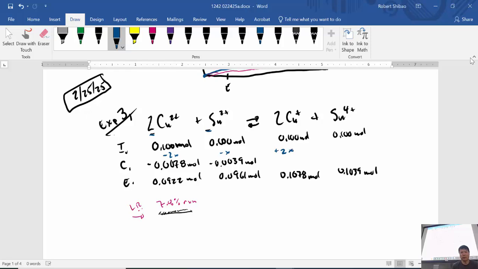So if minus 2x is 0.0078, then plus 2x is just going to be plus 0.0078 here. And so we increased it there. And then this is going to be plus x over here because of the conservation of mass. Stoichiometry still works for these, even with the partial reaction. It's going to be plus 0.0039.